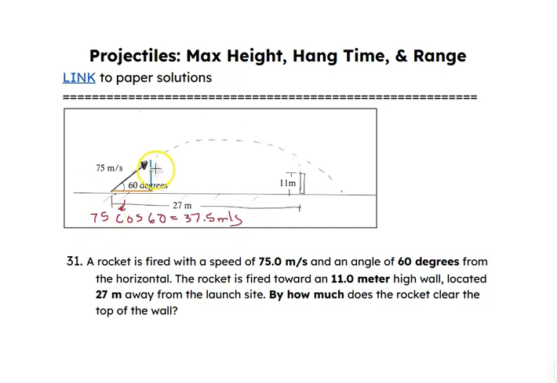And the vertical part is going to be 75 sine of 60, which is 64.95. Check your work. 60 degrees is bigger than 45, so the up velocity should be bigger than the over velocity.